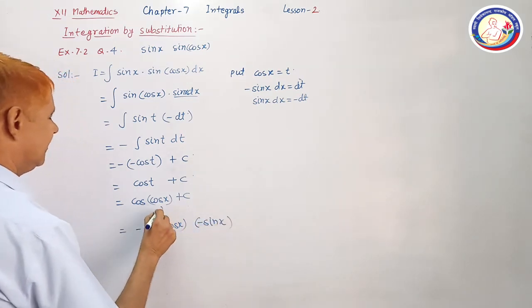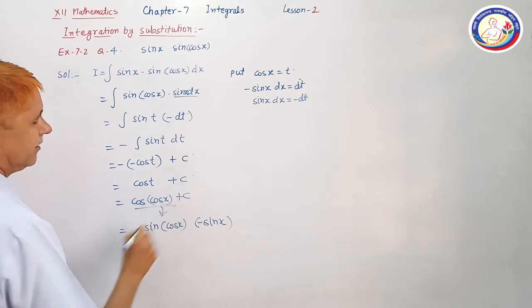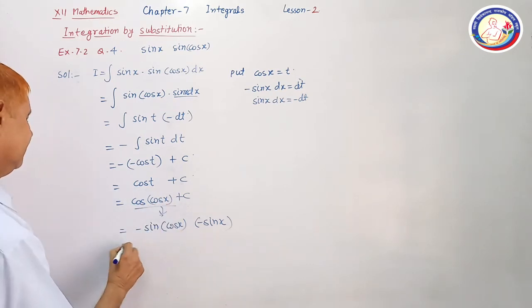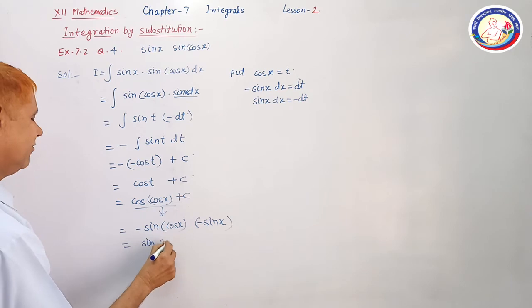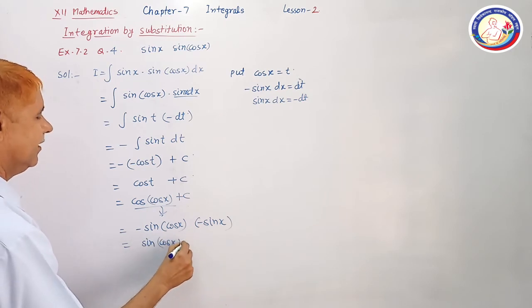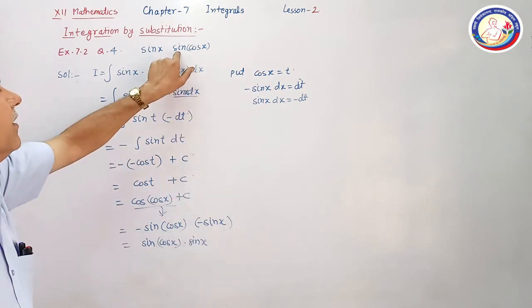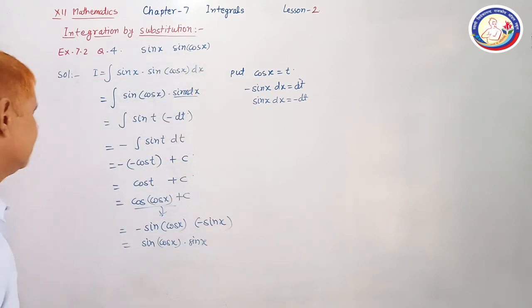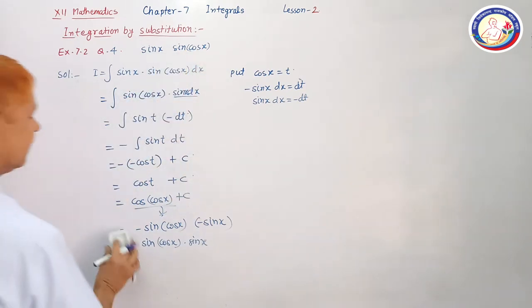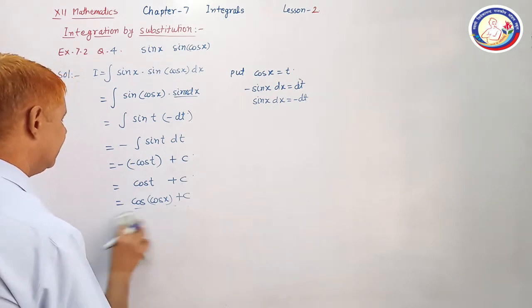Together this is sin of cos x and sin x. It is nothing else but the integrand here. So this is our answer and the solution is correct here.